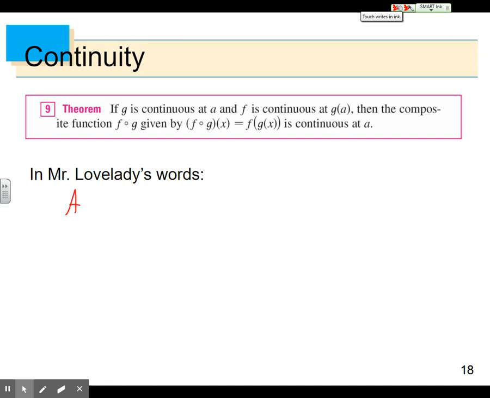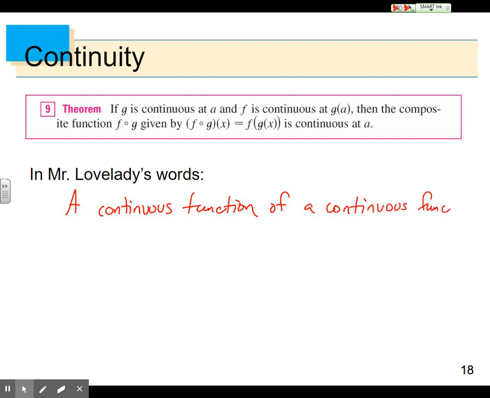We can simply say a continuous function of a continuous function is a continuous function. So if I'm composing 2 continuous functions, I can expect my answer to be a continuous function.